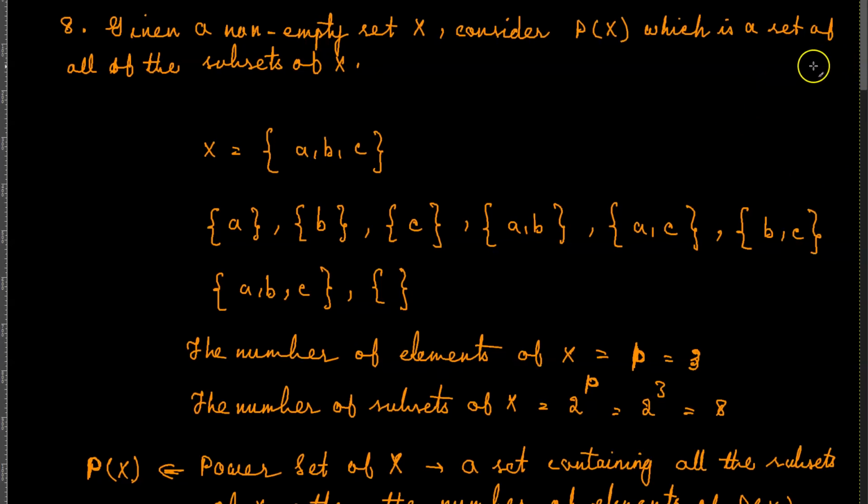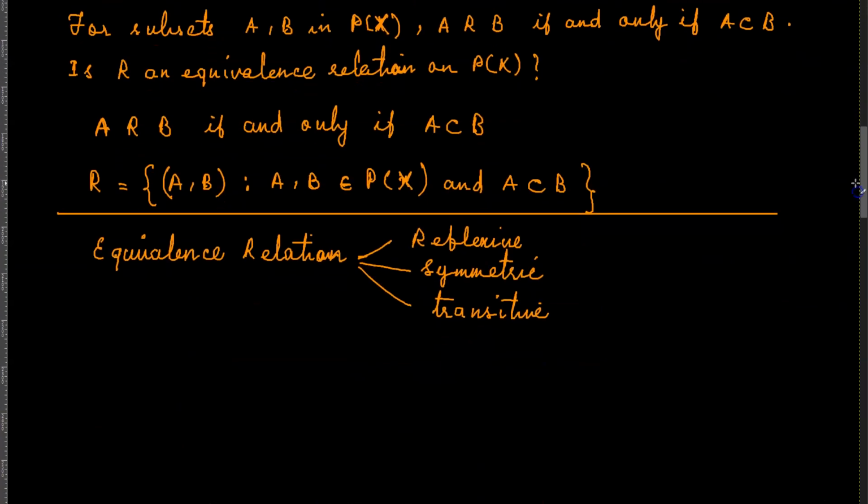Okay, so now A is related to B if and only if A is a subset of B. So let me think about this problem myself and see how we can solve it.